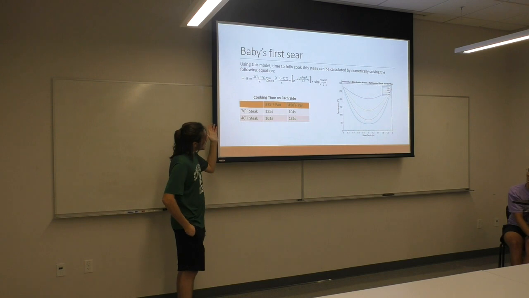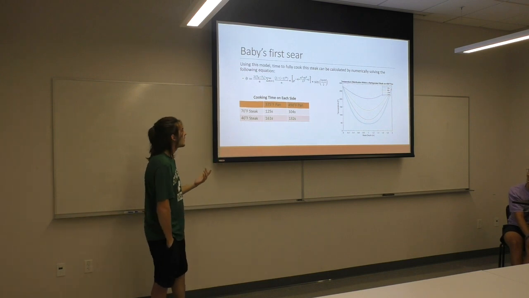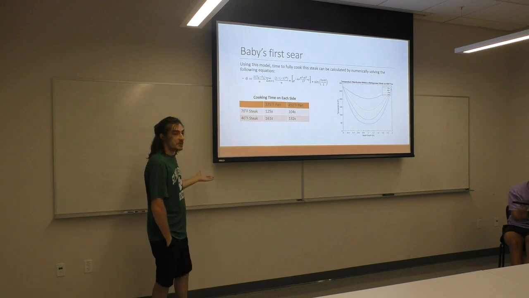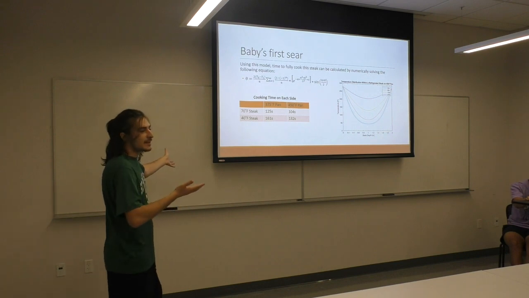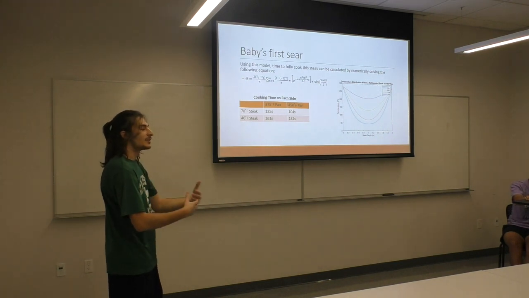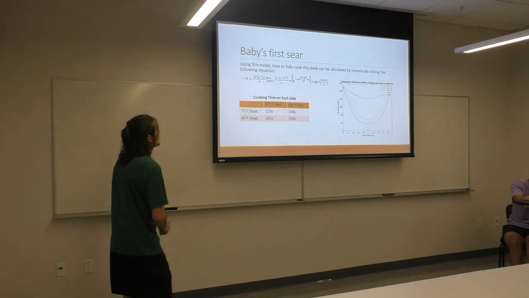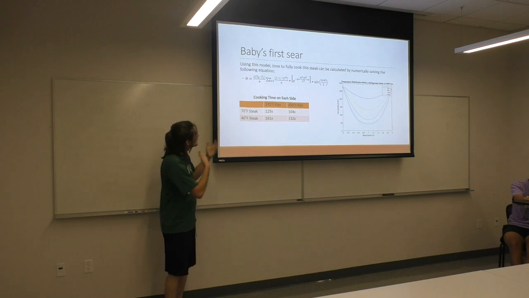It varies honestly not as much as you would think, but roughly a half a minute to a minute depending on the pan temperature and the steak temperature. So, it's pretty important. The reason that's important is because you need a long time to develop your crust, and if you cook it at too high of a temperature, then you won't have that long of a time to develop your crust. Continue.